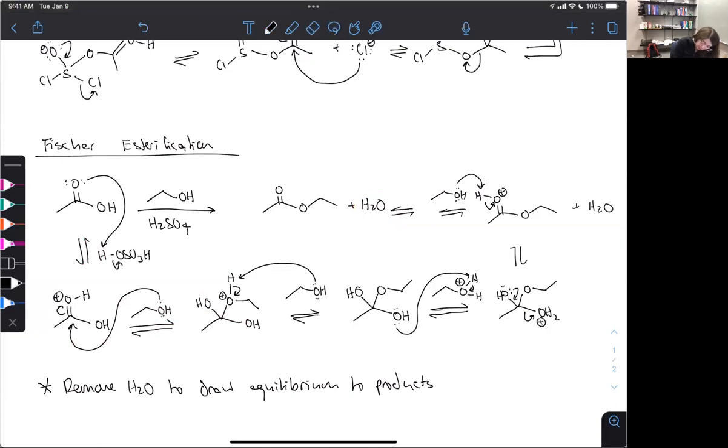Okay, so we can think about removing water here, whether that's adding in an absorbent or maybe doing a Dean Stark trap or something like that to help you drive that equilibrium to product. But it's a very similar process as the acetal mechanisms.